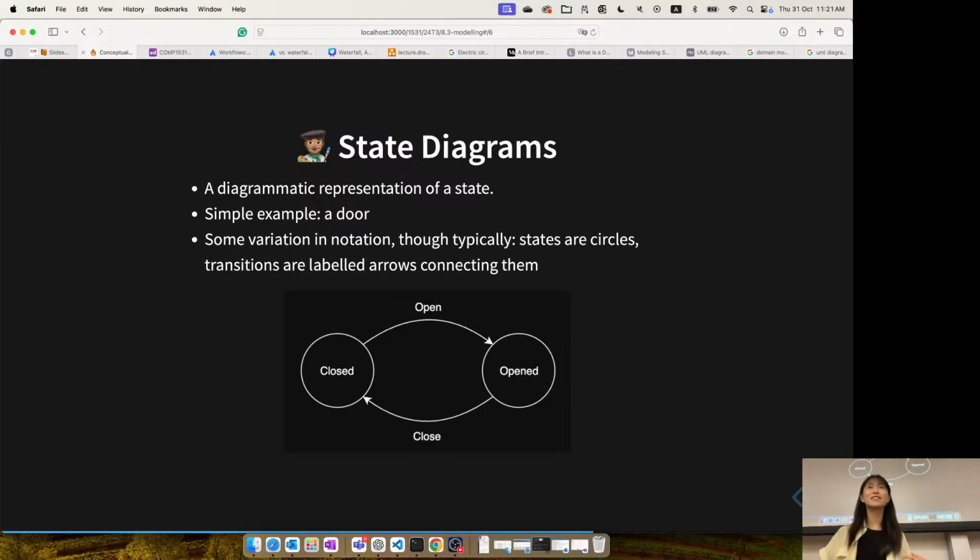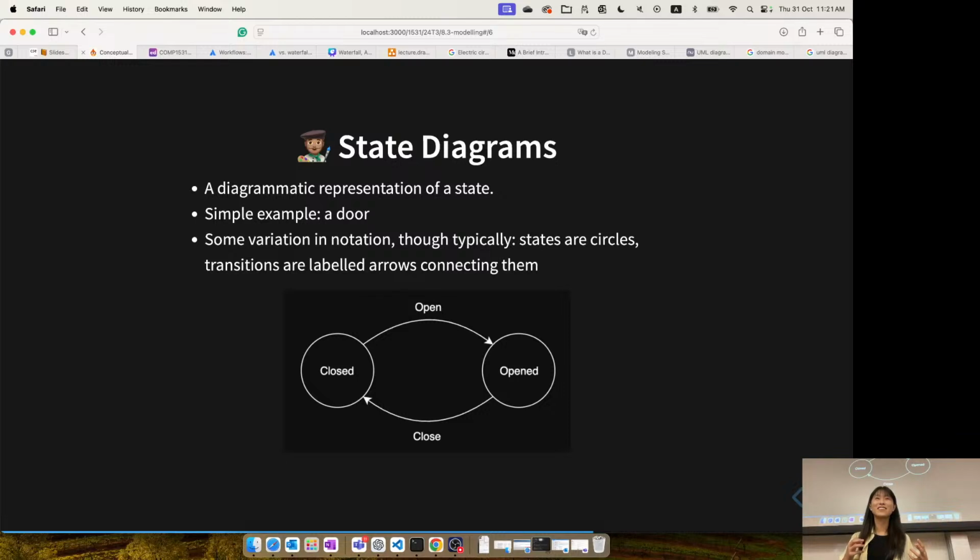Yeah, question? Should the state diagrams always be deterministic? As in, each transition is not associated with a particular probability.